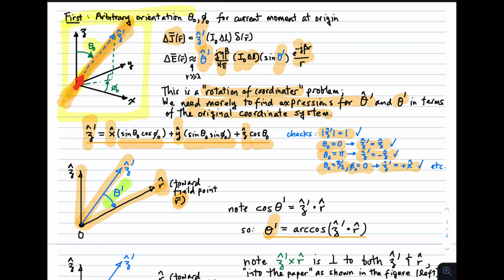And then theta prime is the angle between those two things. So from very simple considerations, the definition of the dot product, we see that the cosine of theta prime is given by the dot product of z hat prime dot r hat. And so we simply take the arc cosine to get theta prime. There we go. Theta prime is just arc cosine of the dot product between these two vectors.